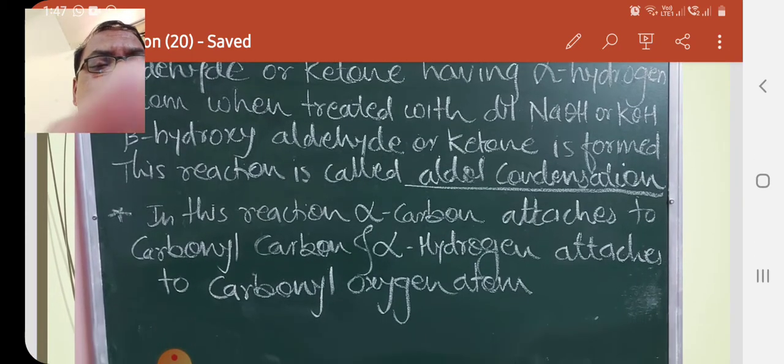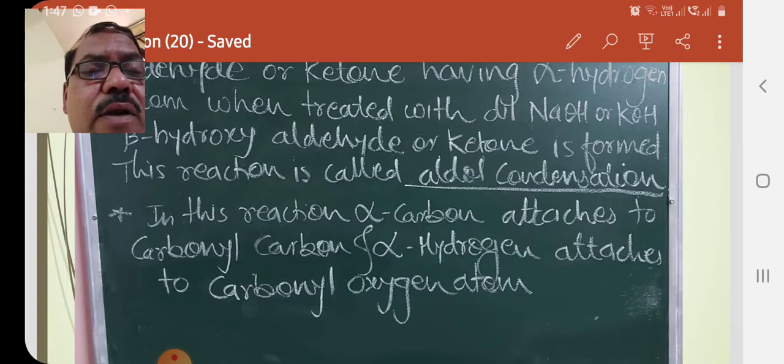So, how does the reaction take place? In this reaction, the alpha carbon of one molecule attaches to the carbonyl carbon of another molecule, and the alpha hydrogen of one molecule attaches to the carbonyl oxygen atom of another molecule.